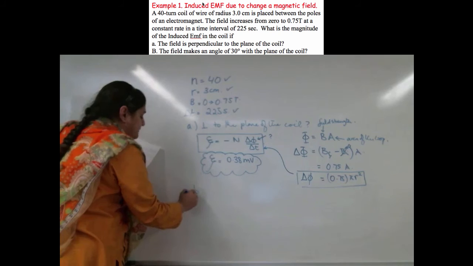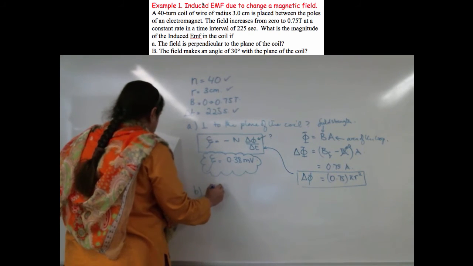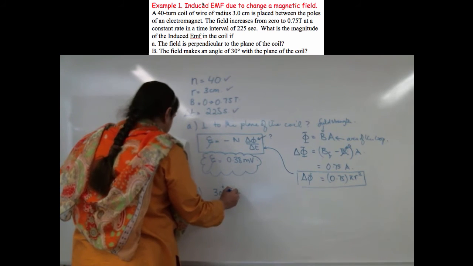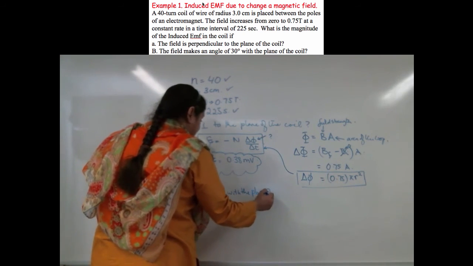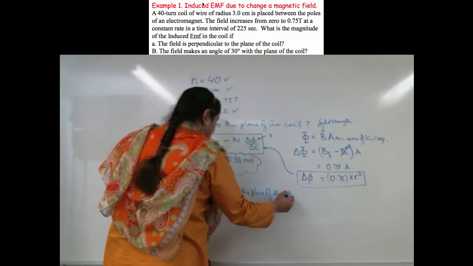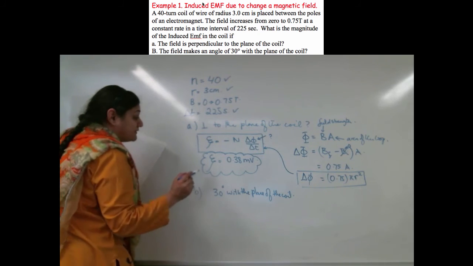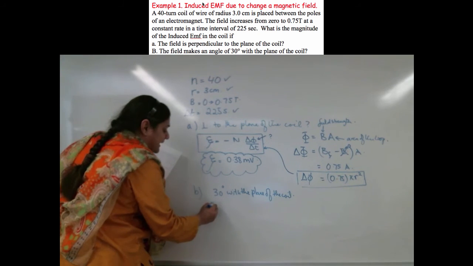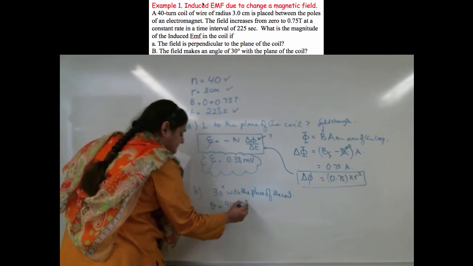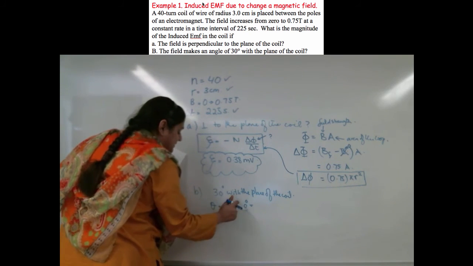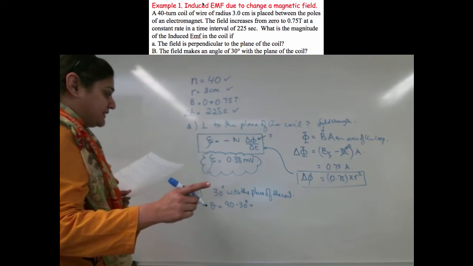Now, part B, it says the field makes an angle of 30 degrees with the plane of the coil. Then this is the plane of the coil, which means the actual angle will be 90 minus 60, no, it's not, sorry, 90 minus 30, because we have to find the angle relative to the normal.